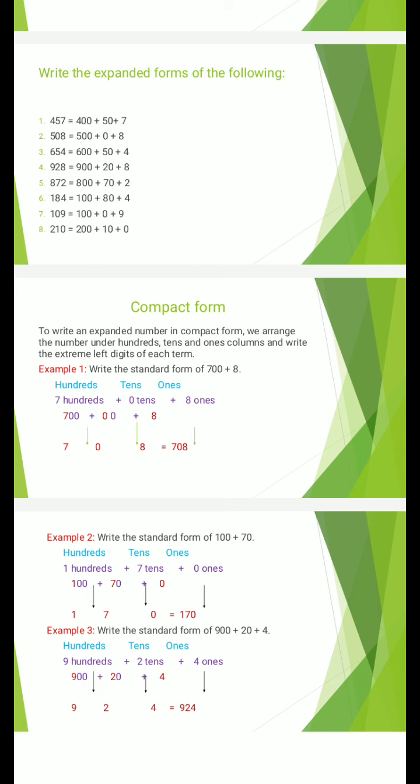So we get 900 plus 20 plus 4. Now we consider the leftmost digit in each case. In 900 the leftmost digit is 9. In 20 the leftmost digit is 2. In 4 the leftmost digit is 4 itself. So we get the standard form of 900 plus 20 plus 4 as 924.